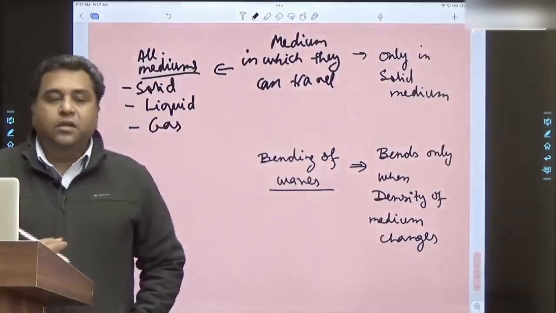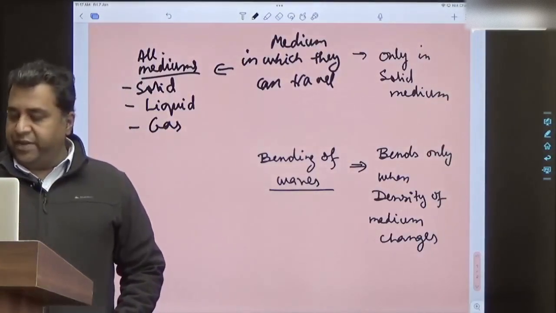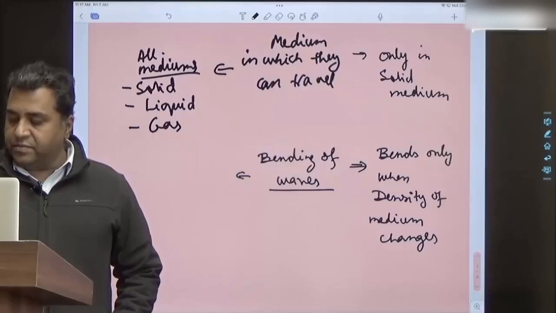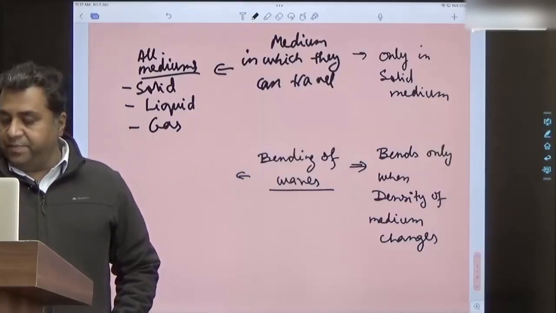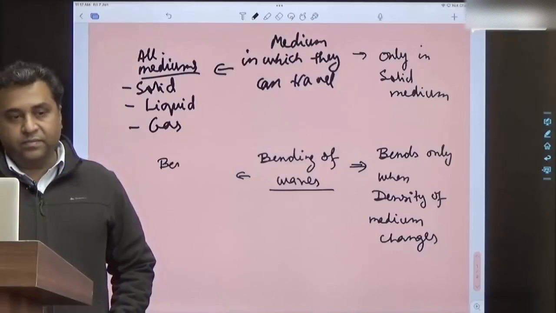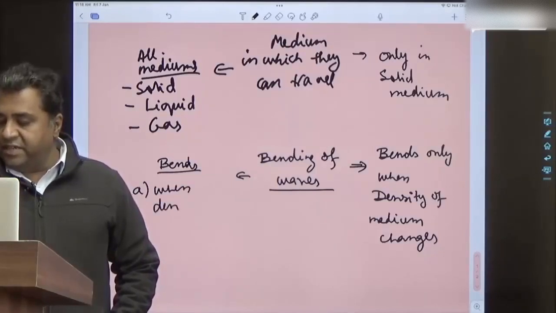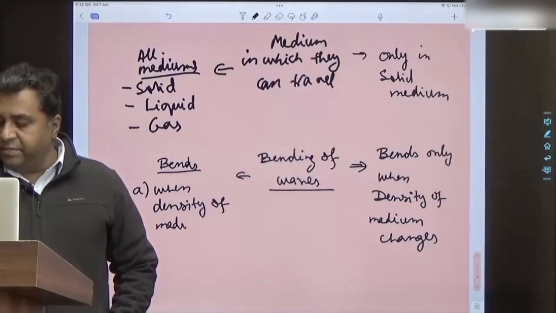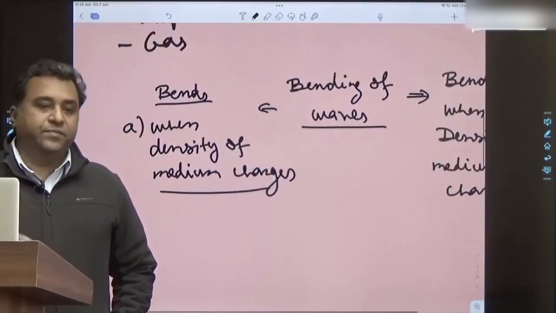So the S wave bends only when the density of the medium changes, whereas the P wave bends when the density of the medium changes.